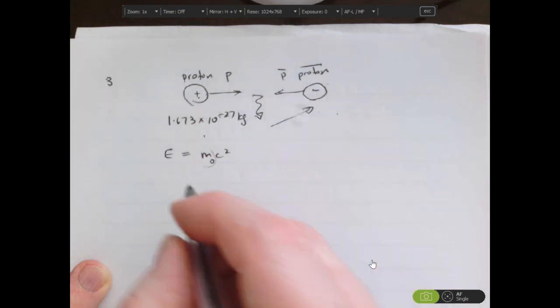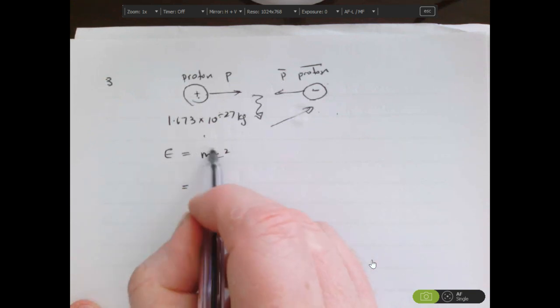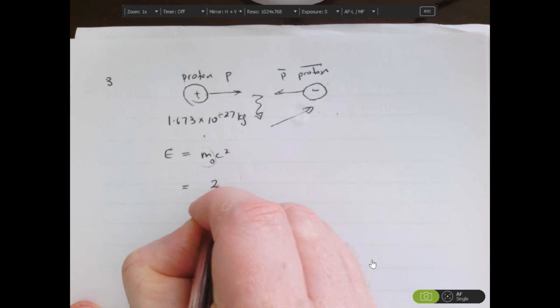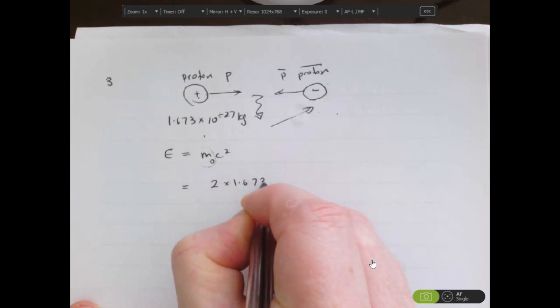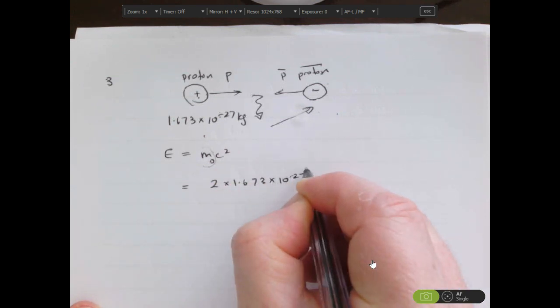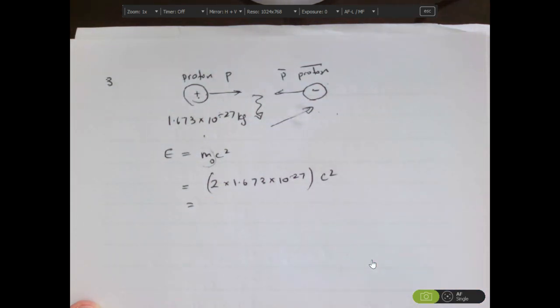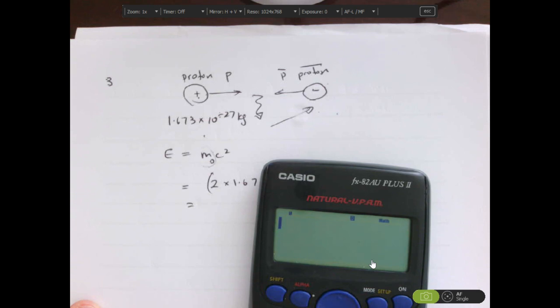So what we are going to do is take 2 times the mass of each of those. So it's 2 times 1.673 by 10 to the minus 27, and then multiply that by c squared to find the energy equivalent released.